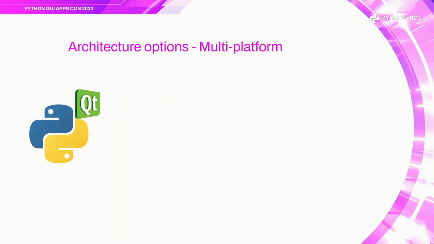And for multi-platform we can use Kivy, but as I told you before, there are many other solutions Kivy cannot provide. So you have to use it only for multi-platform, and if you have to deliver an API and a multi-platform app, you have to use at least two different frameworks.